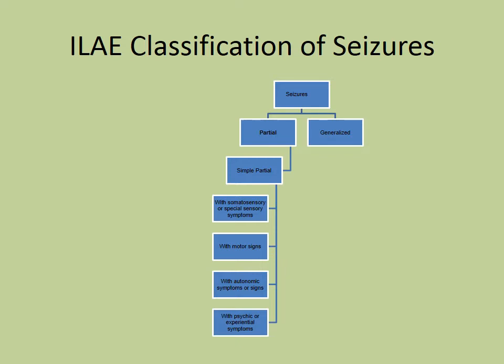Hallucinations and illusions can also involve sensory modality, including touch, like pins and needles or electrical shocks, smell or taste, and it's usually something very unpleasant. They can have vision, flashing lights. They can have a buzzing sound in their ear. So there are lots of things that these simple partial seizures can cause.